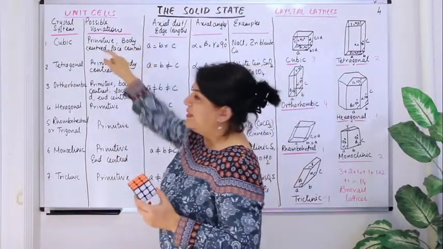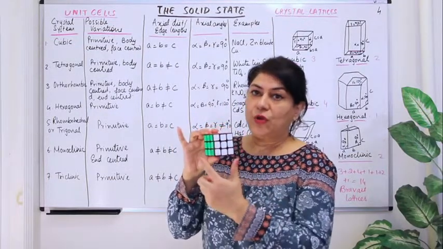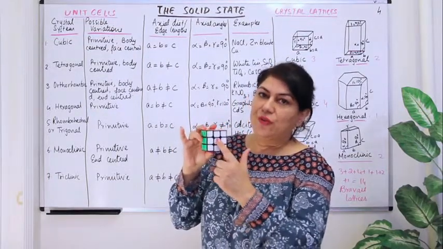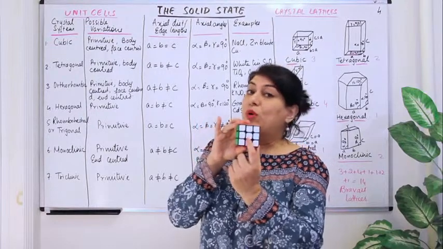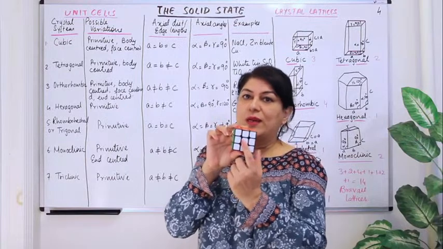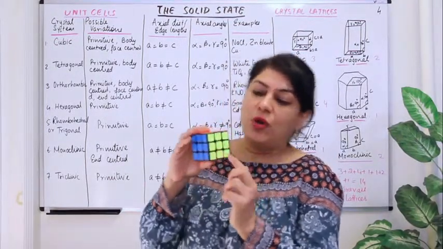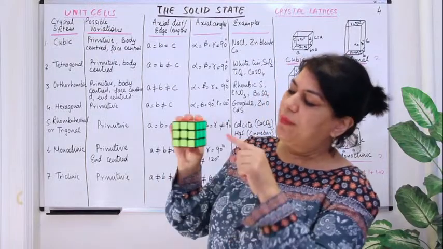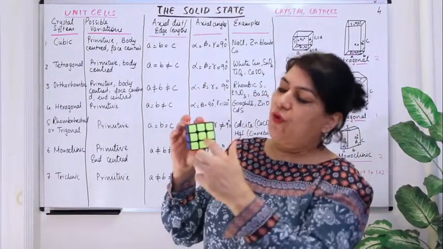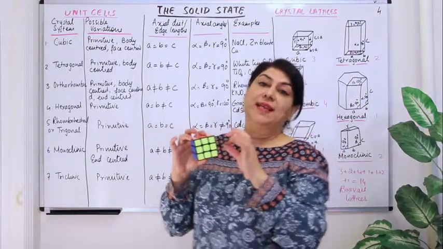You can have a body-centered one, that is one in the middle. So if you have these corners all occupied, then if you see this one in the middle, what would this be? This would be a face-centered cube. If you really see, the one in the middle is in the center of a face. And if you imagine the cube which falls between all the face centers, that one would be the body center.